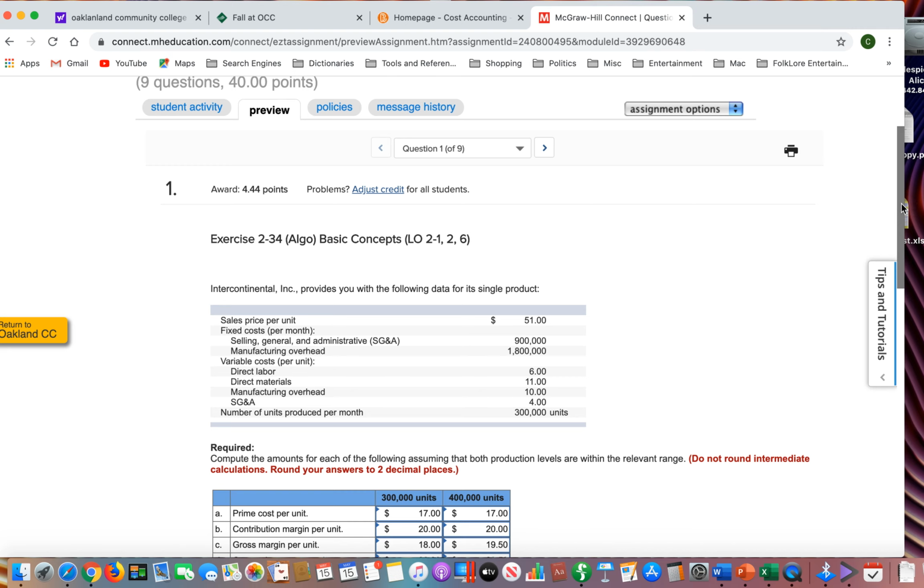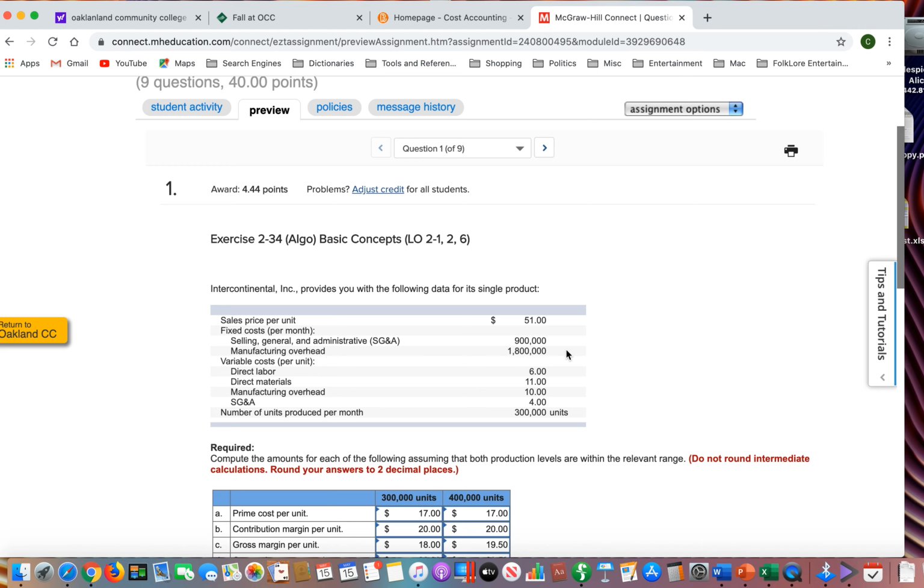Gross margin per unit. Now, gross margin, don't forget, is your sale price minus your manufacturing cost, and that is direct labor, direct material, fixed manufacturing overhead, and variable manufacturing overhead. Here we have the fixed manufacturing overhead of $1.8 million. If you divide that by 300,000 units, it is $6 per unit.